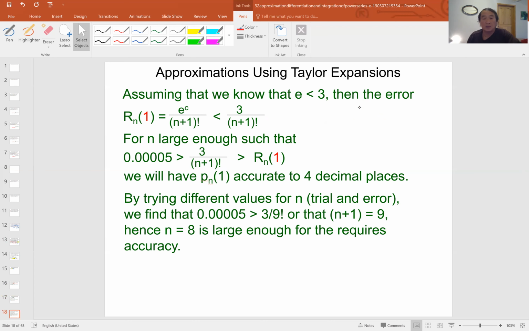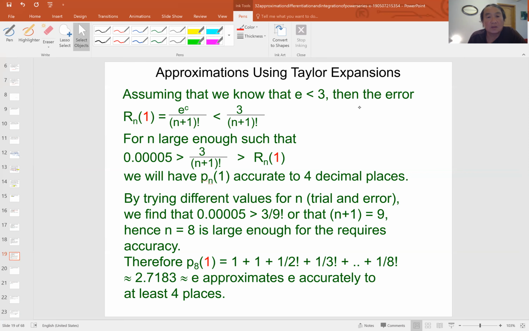In other words, the 8th degree polynomial approximating e to the x will guarantee the error is no more than 0.00005. Okay. And this sum is approximately this much.